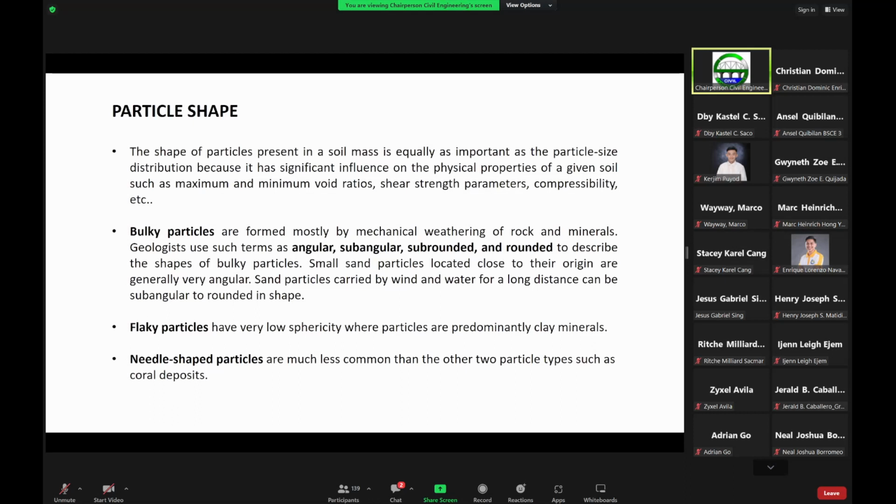That's why when we have coral deposits, we really have to be careful because of their needle-shaped particles. So when we have sandy soils or gravels, normally they are bulky particles, but in the case of clay minerals, they are somewhat flaky particles because they are composed of sheets.